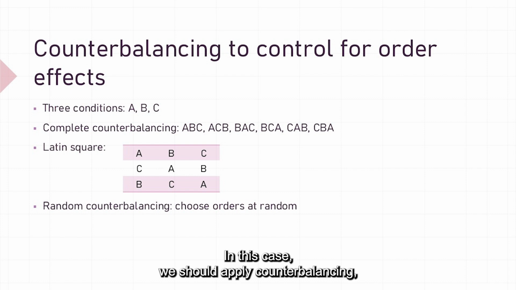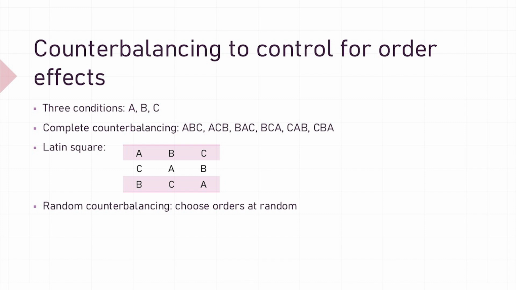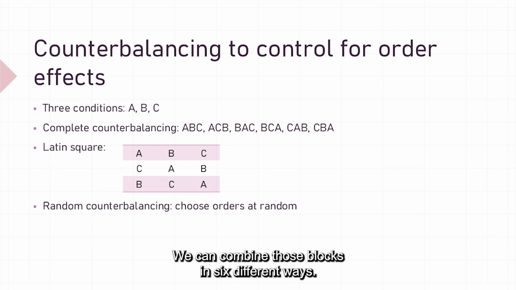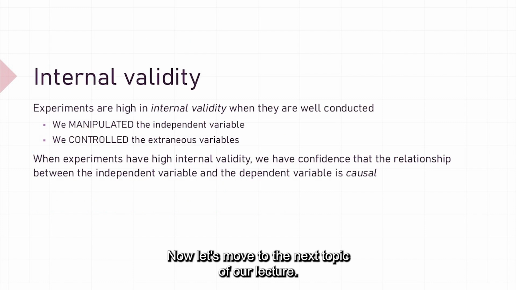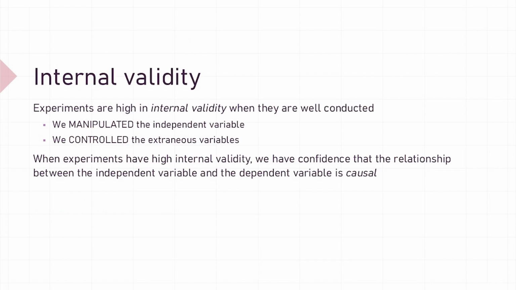In this case, we should apply counterbalancing, meaning our subjects will participate in all conditions, but in different order. In a 3 conditions experiment, we can combine those blocks in 6 different ways.